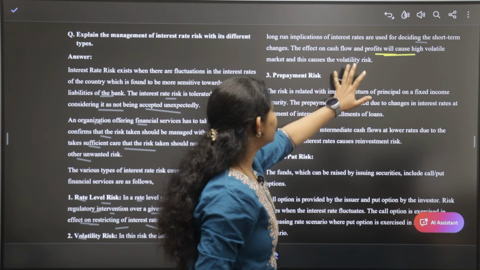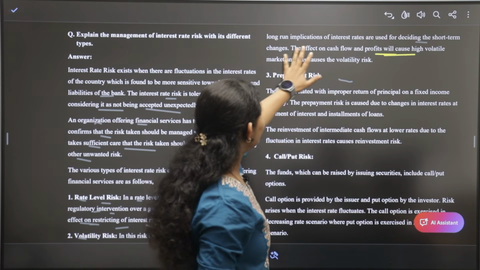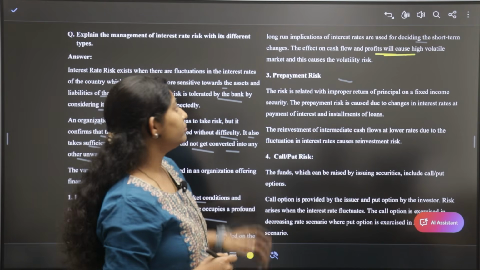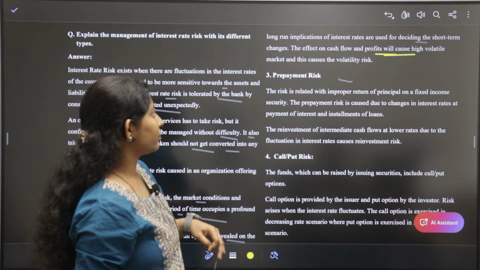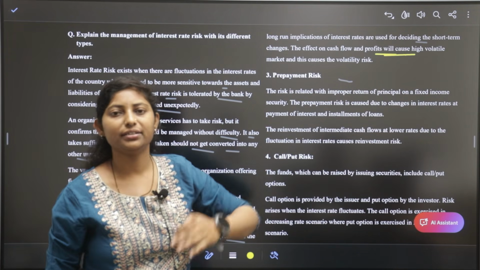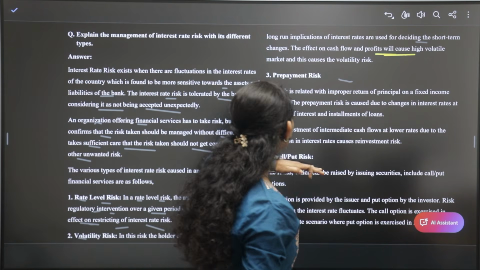So this will have an implication on deciding the interest rate in the short term, and there will be high volatility. Volatility is nothing but ups and downs, continuous fluctuation in the market.